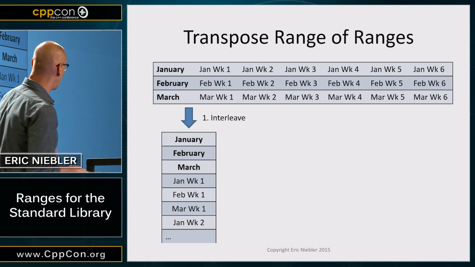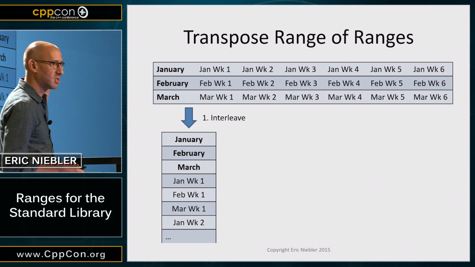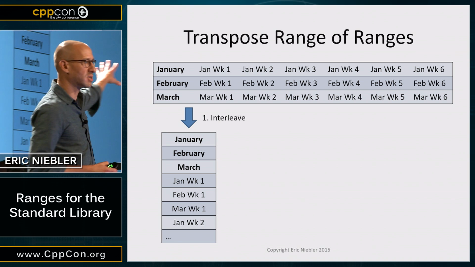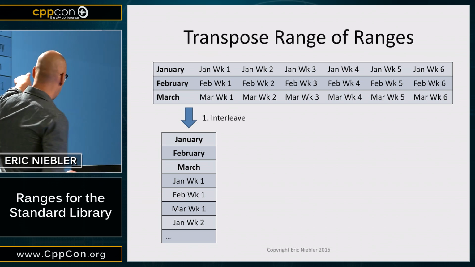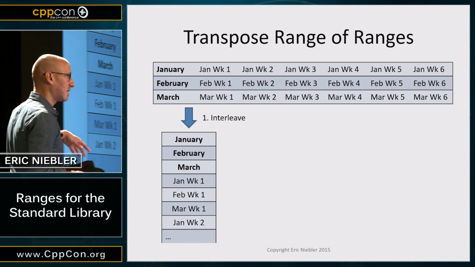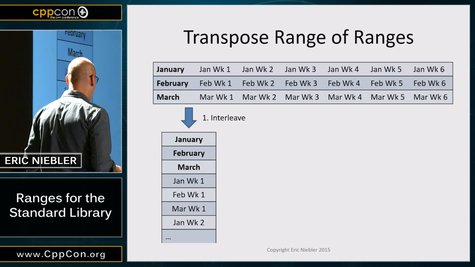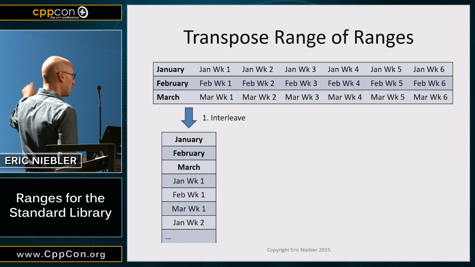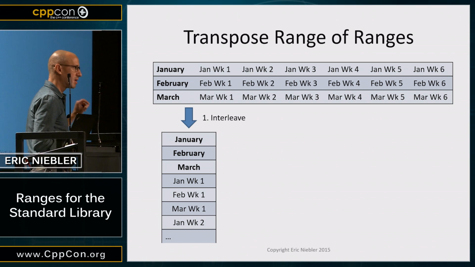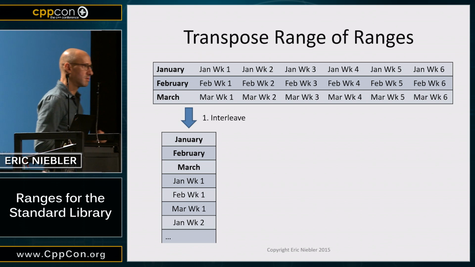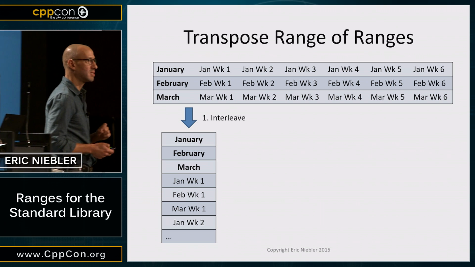And what we're doing now is, we start with a range of ranges, we erase that structure, we flatten this structure in a very particular way. So we get a single range instead of just a range of ranges. We get a single range, January, February, March, then the first week of January, the first week of February, the first week of March, like that. Okay. Can anybody see what the next step is?